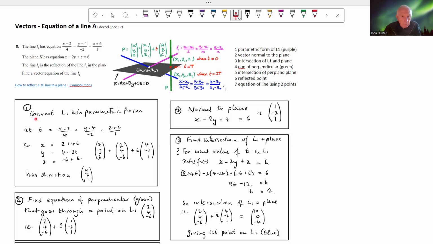So first of all, we're going to convert L1 into parametric form. So this is a standard process. We've got our Cartesian form here.